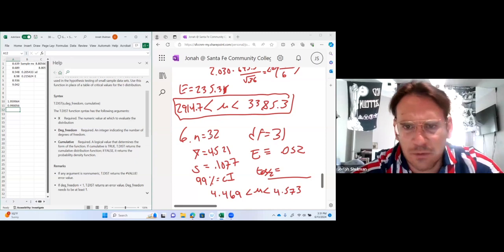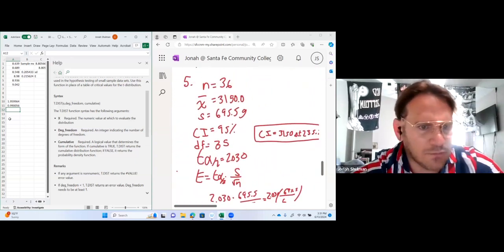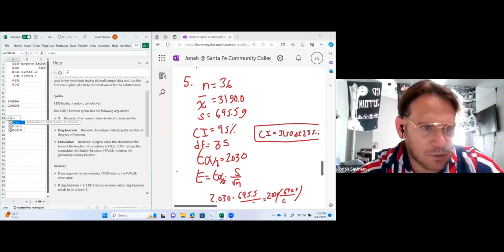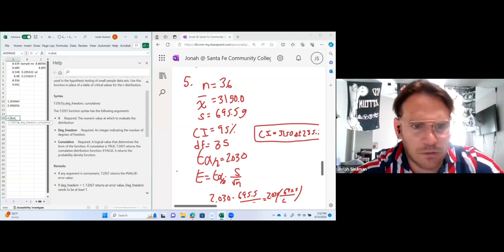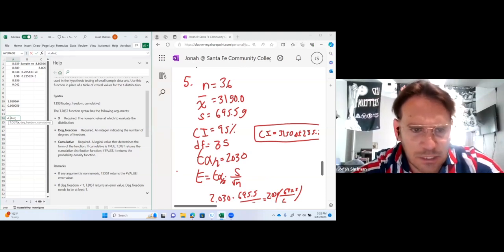I don't know. All right, well, what's one that we did? We got this to be 2.030. Let's see if this works. So equals t dot distribution. This is left tail, that's what we want. And okay, so the first one is our x. Require the numeric value to evaluate this. So I believe this is going to be our mean.